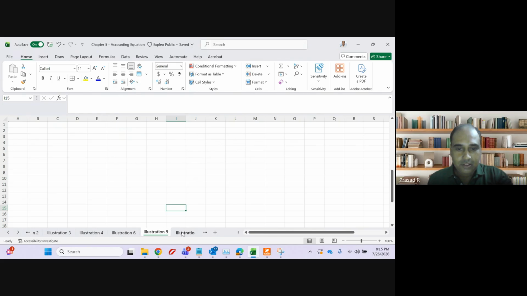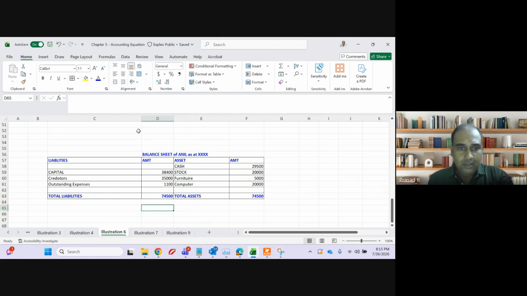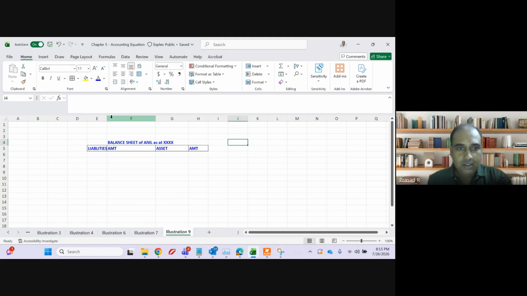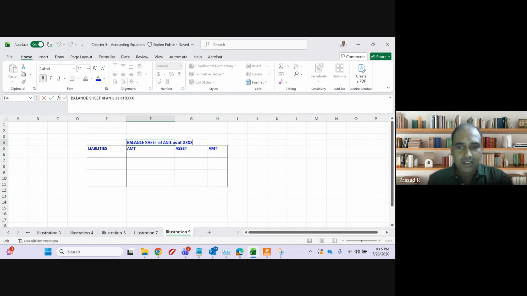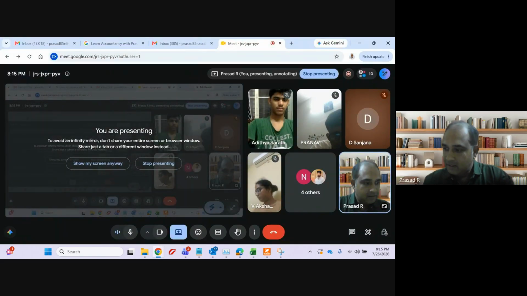For all these questions, what I will suggest is prepare a balance sheet. Just a small balance sheet only for your understanding, so that we can create formulas. Liabilities, amount, asset, and amount. Whatever is given in the question, I will plot it. This is only for your understanding, not required in exam.